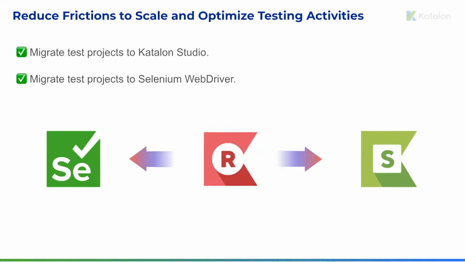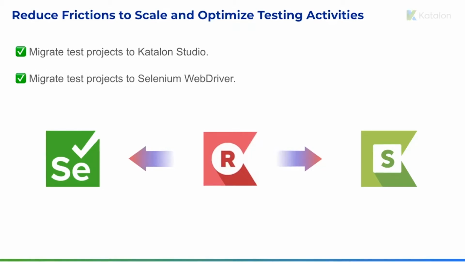Another migration path is from the recorder to Selenium WebDriver frameworks. I don't think I need to introduce Selenium WebDriver frameworks. It's pretty popular already, but the recorder offers the ability to export the test to different languages, Java, C Sharp, Python, and all of that integrates with a Selenium WebDriver framework, so you can migrate your tests easily one way or another.